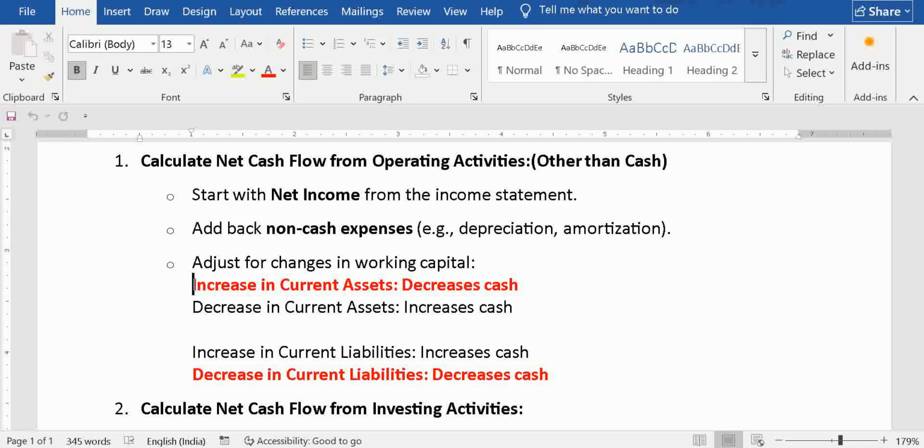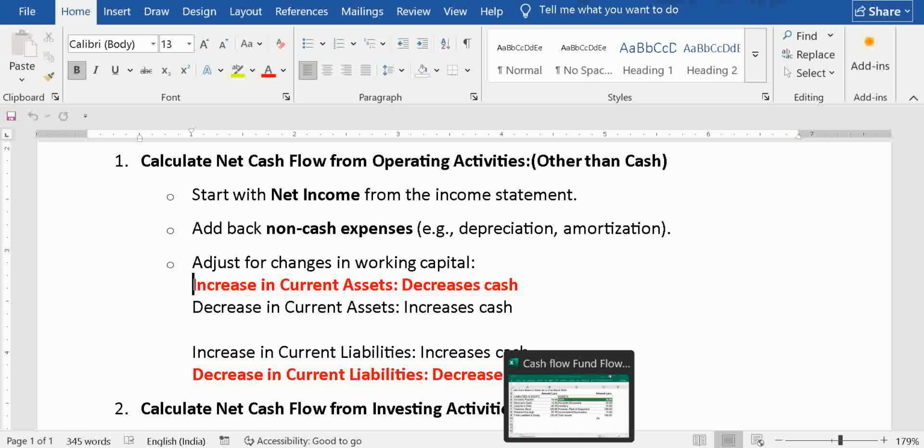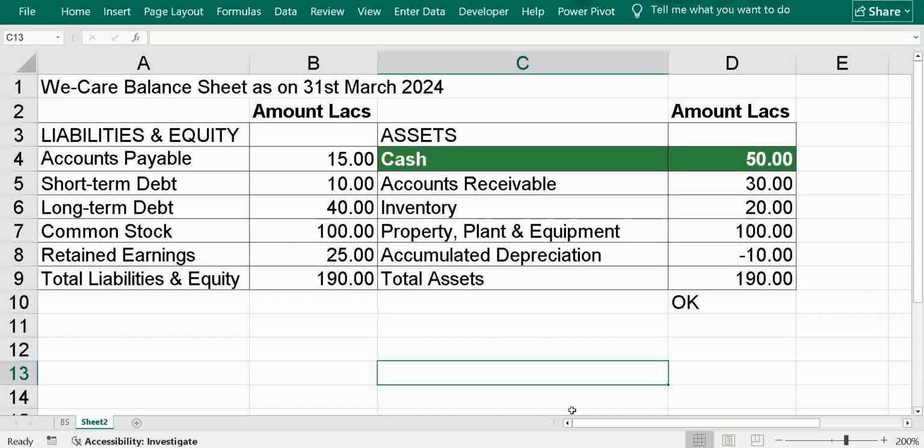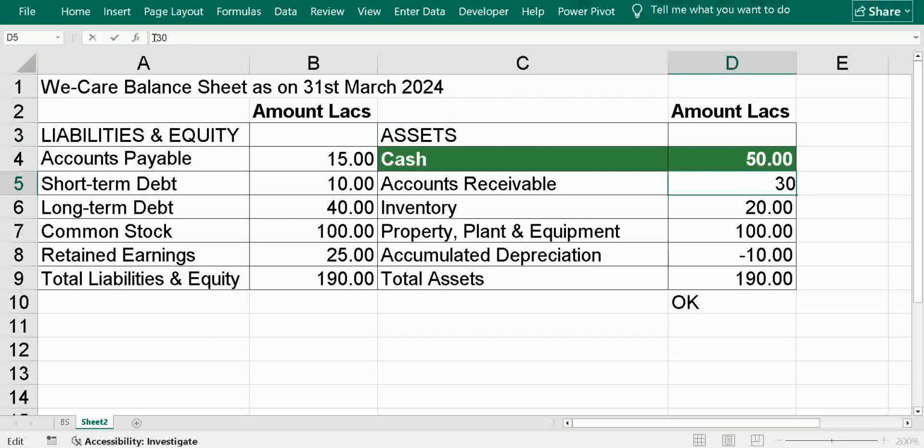Increase in current assets decreases the cash. Decrease in current assets increases the cash. I just show in Excel sheet how it affects. This cash is in a asset side, and if any item increases, for example receivable increases by 5 lakh, here the balance is increased.